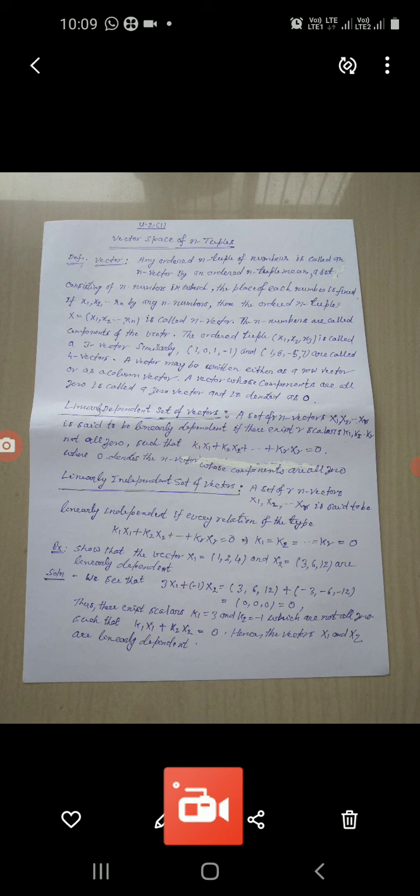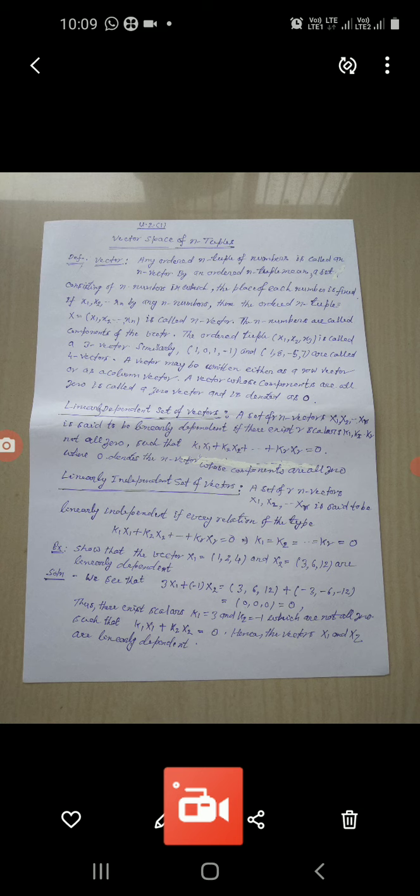You are given two vectors and you have to prove that these two vectors are linearly dependent. It will be linearly dependent if any constant is not equal to 0.